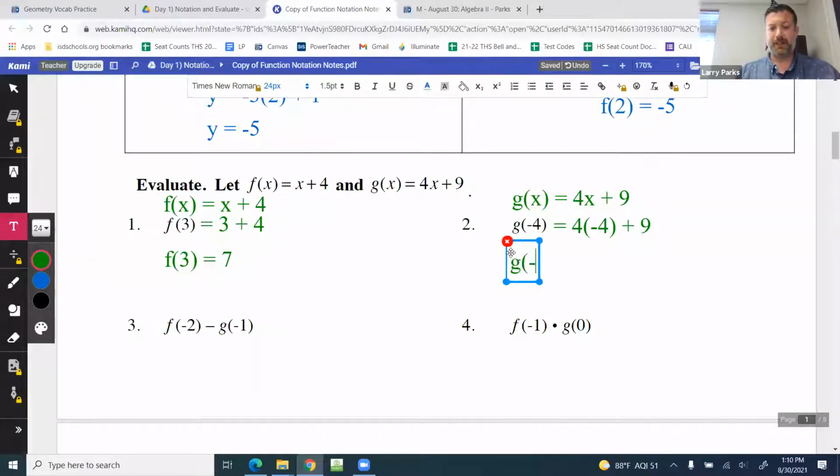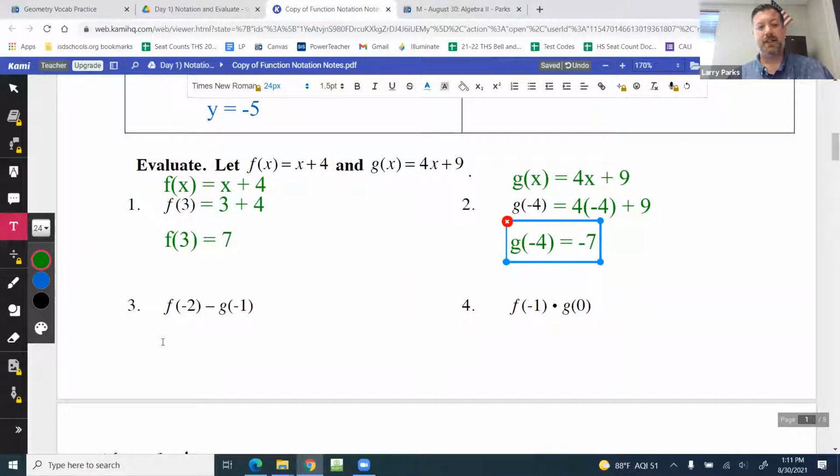You do the math there. When I plug in -4, 4 times -4 is -16. -16 plus 9 is -7. I don't know where I got -5 from.